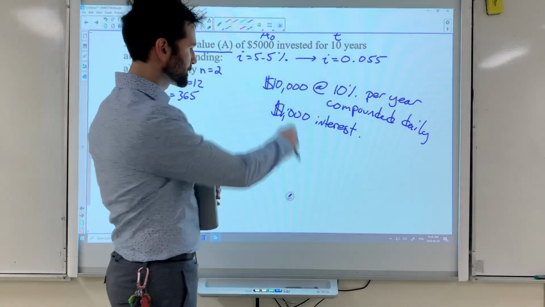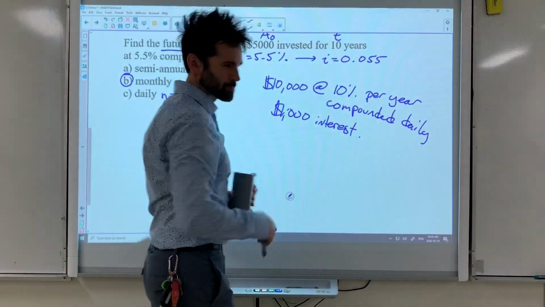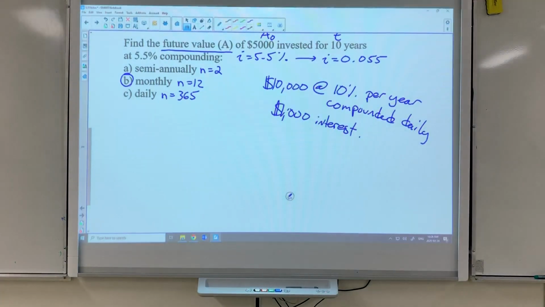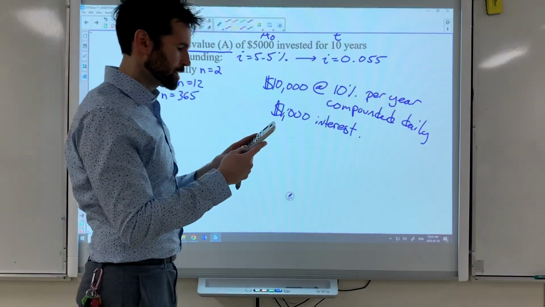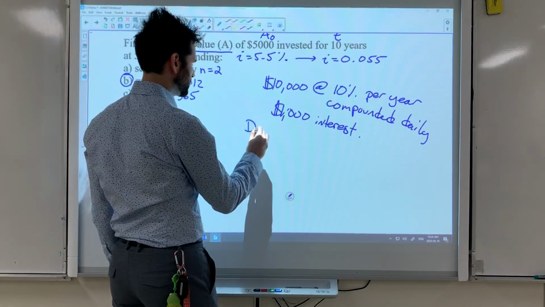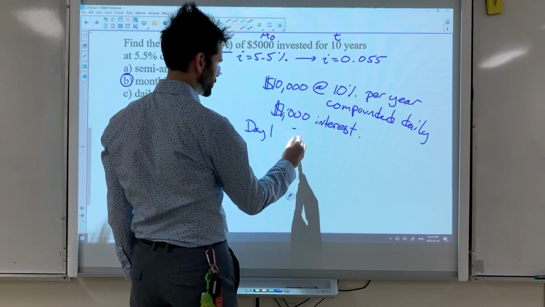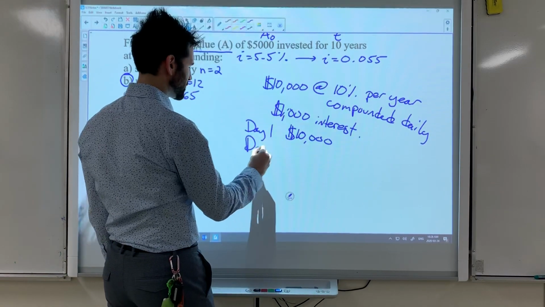So the first day you owe $10,000, okay? Then they take this number, we can divide by 365, so the 1,000 divided by 365. That is $2.73. So day one, you owe $10,000.